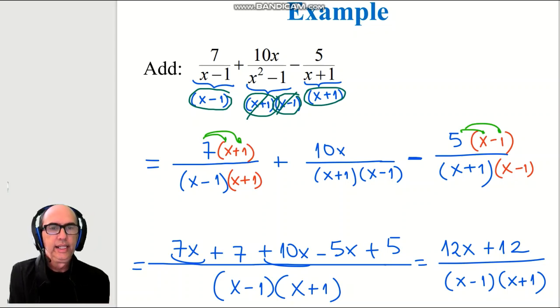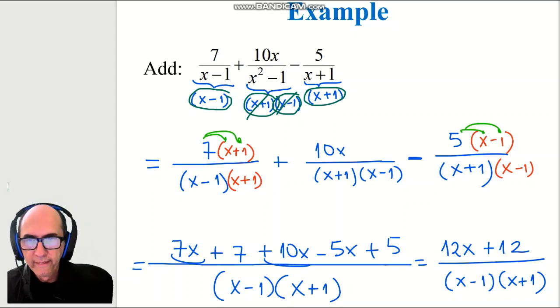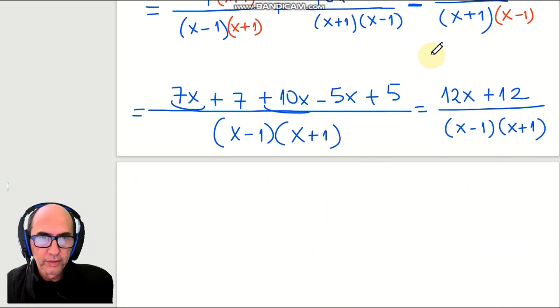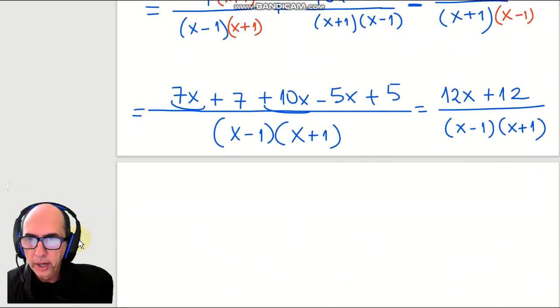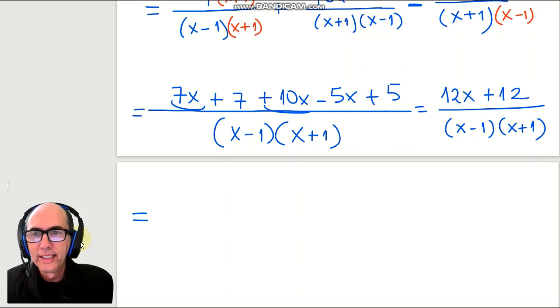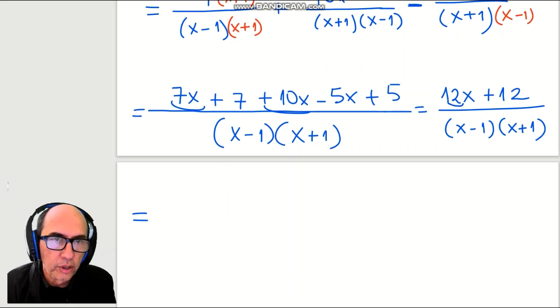Okay, this is the answer, but not yet the final answer. Always try to simplify, and only if it's not possible at all, you finish and say, yeah, now I have the final answer. And that's pretty clear because I have 12 and 12.